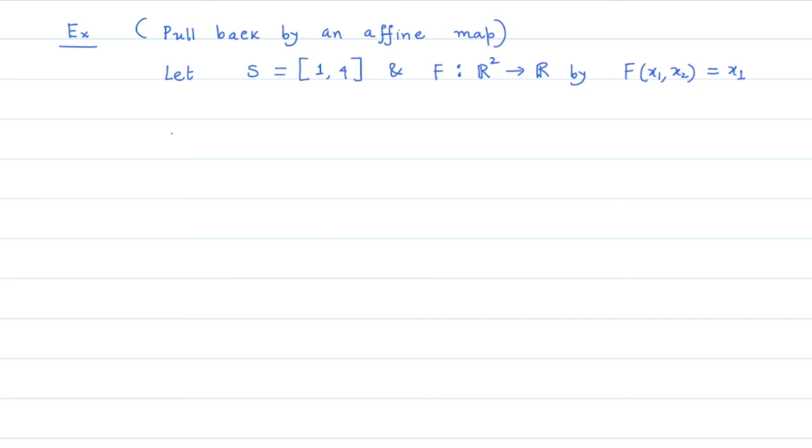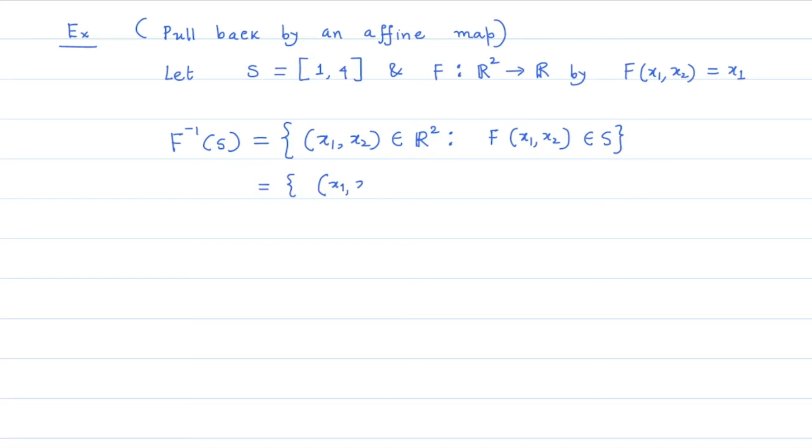Then we see that the set f inverse S, the preimage of the set capital S under the function f, is the collection of all points (x1, x2) in the R^2 plane, for which f(x1, x2) is belonging to the set capital S, which is then the set of all points (x1, x2) in the R^2 plane, for which x1 is lying inside the set S, and therefore x1 is in between 1 and 4, which gives us geometrically an infinite strip in the R^2 plane.